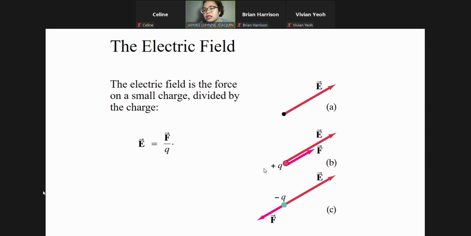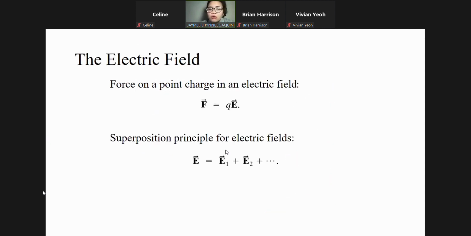So whether it is positively charged or negatively charged, keep in mind that when we talk about electric fields, force and the charge will always be tagging along with one another.